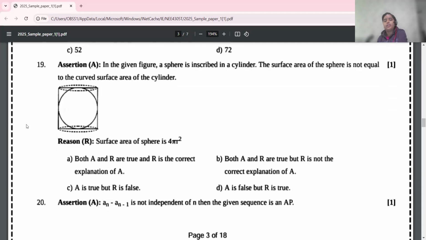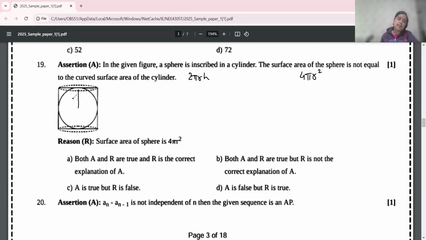Moving to the next question. In the given figure, a sphere is inscribed inside a cylinder. The surface area of the sphere is not equal to the CSA of the cylinder. Now, the surface area of the sphere is straight away 4 pi r square. And the CSA of a cylinder is 2 pi r h. We have been asked to compare these two indirectly in this assertion and reasoning. Now, here consider this.